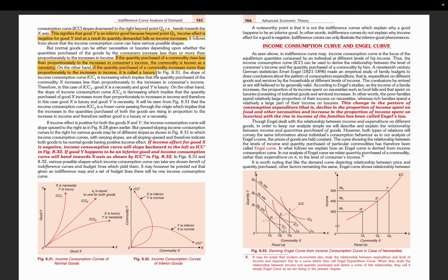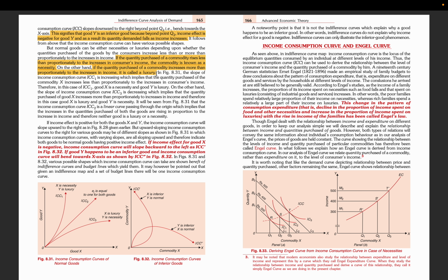You had to buy that amount of the good even when you had less money, and as your income rises, the consumption of that good is not going to rise, because you already were consuming it as much as you needed to. It does not exactly depend on the income effect at all.